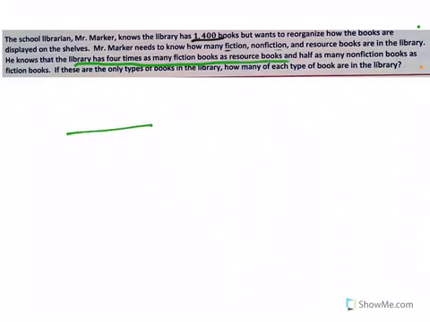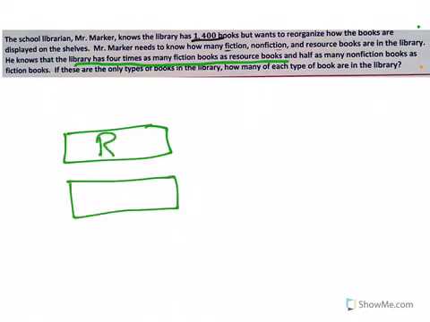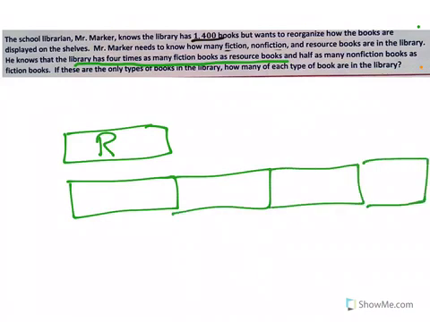So let's create a tape diagram, and we'll call this R for resource books. Well, we have that many, or that size, and we have 4 times as many fiction books. So it's kind of like a ratio, right? We have 4 to 1 fiction to resource books.